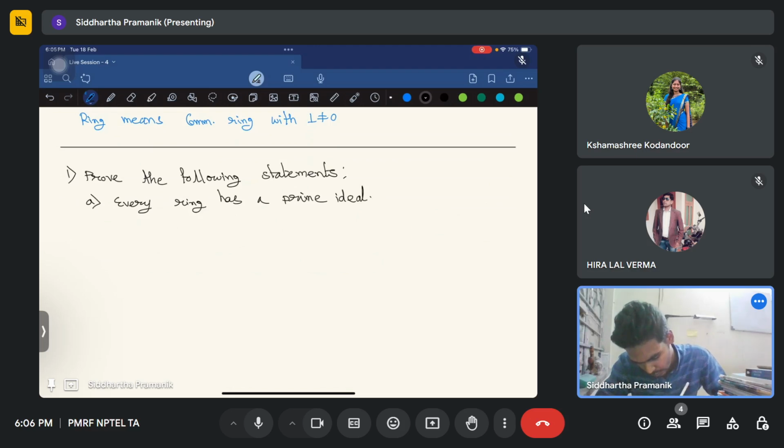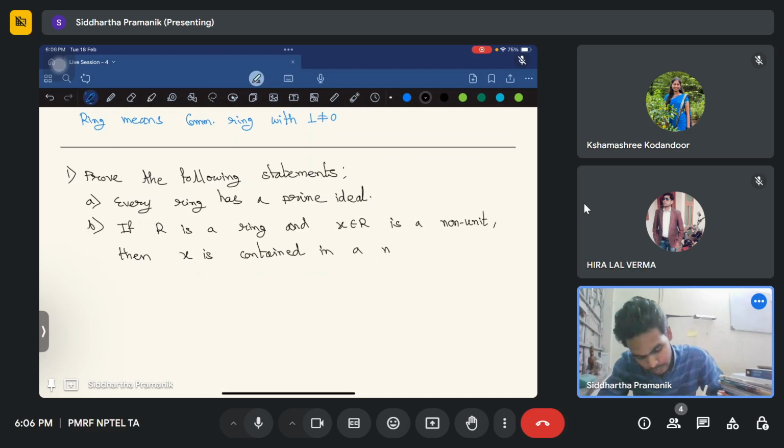And second, if R is a ring and let's say x belongs to R is a non-unit, then x is contained in a maximal ideal. So these are very trivial consequences of this earlier statement.